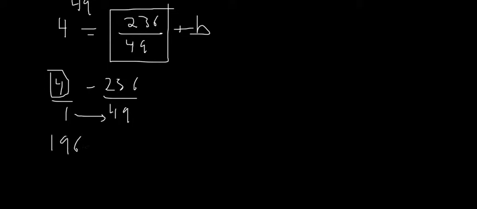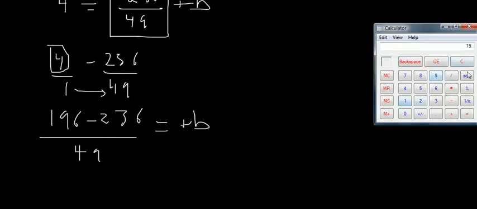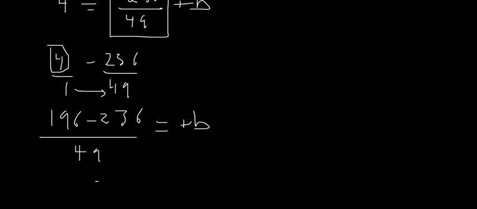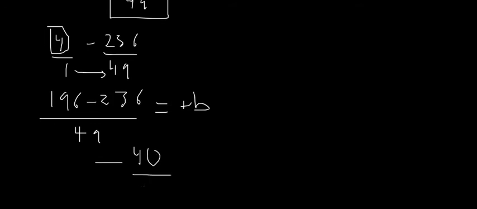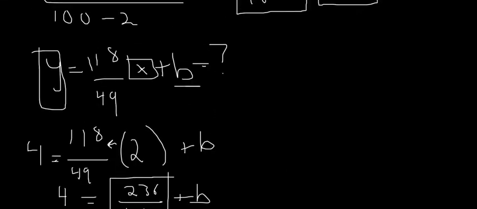So 196 take away 236 over 49 equals b. That equals negative 40 over 49. Negative 40 over 49 equals b. And now we have the equation of the whole thing.